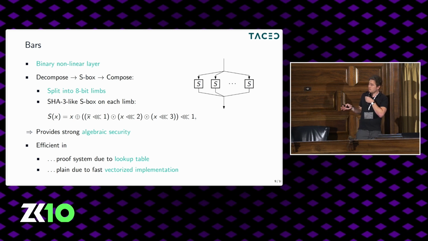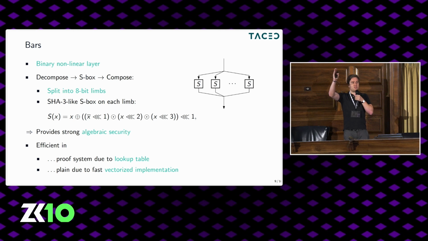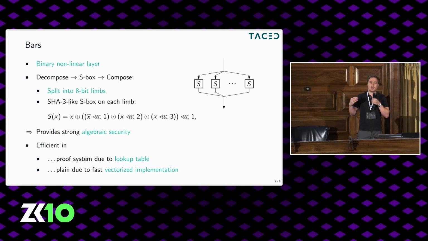But also, similar to Reinforced Concrete, switching from a large field to, in this case, bits, is very good for the security of the hash function. So a small number of bars layers is enough for giving good algebraic security here. And in the proof system, usually it's not good doing binary operations, but we can deal with that by using some lookup tables.